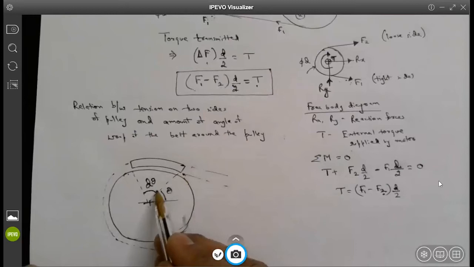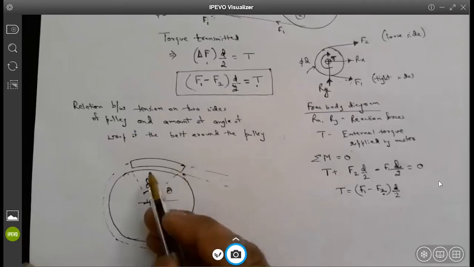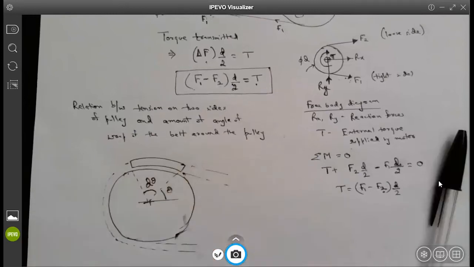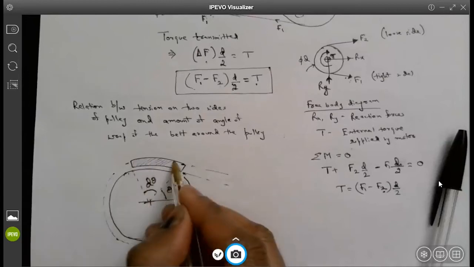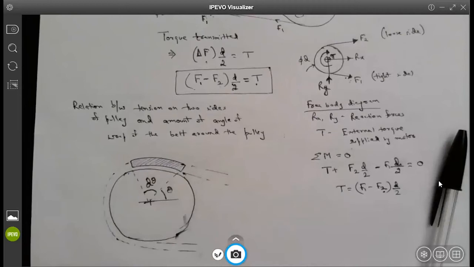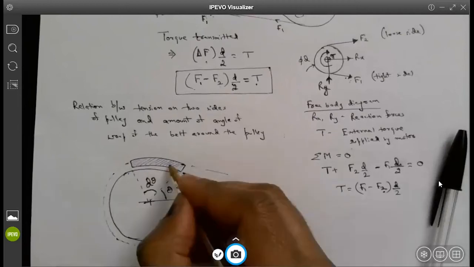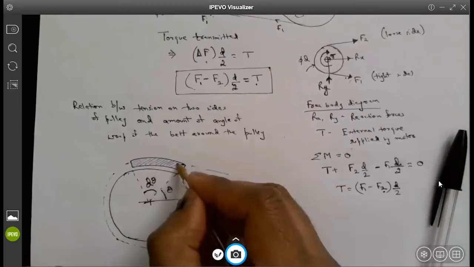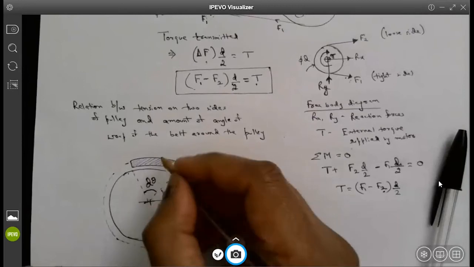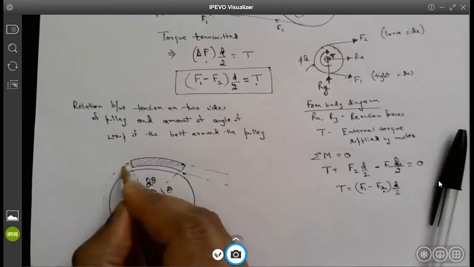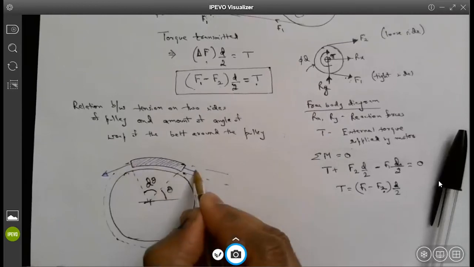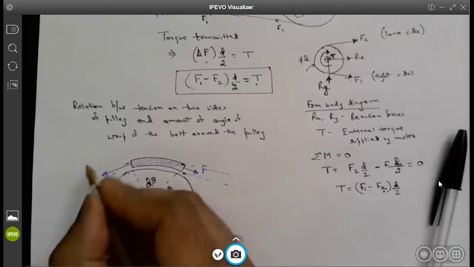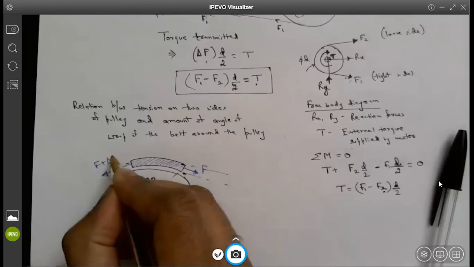If we look at this differential segment of the belt drive and try to identify all the forces acting on it, this element of the belt will have forces on the right hand side and some forces on the left hand side.